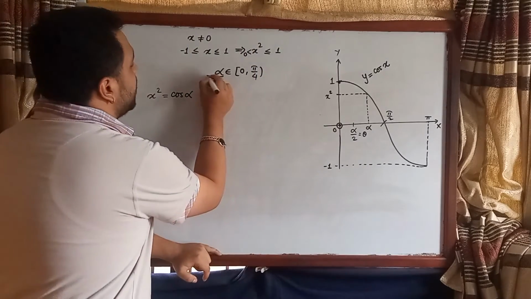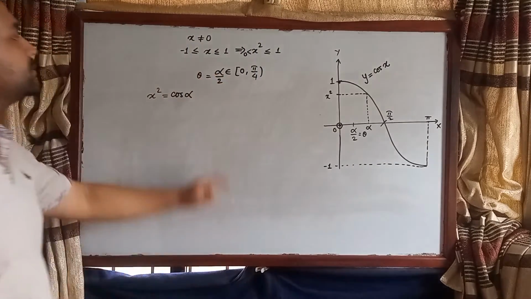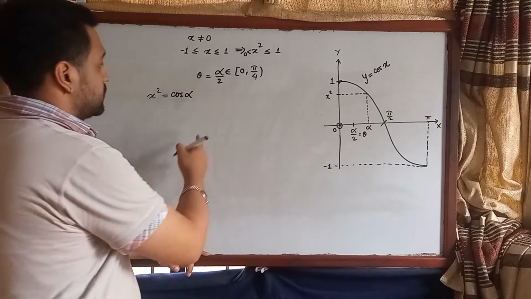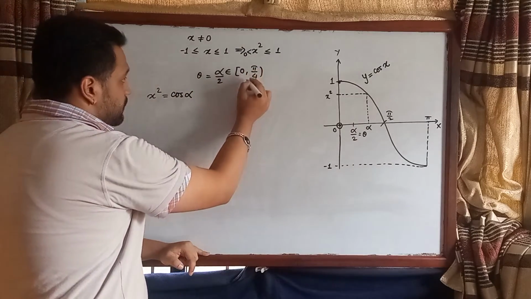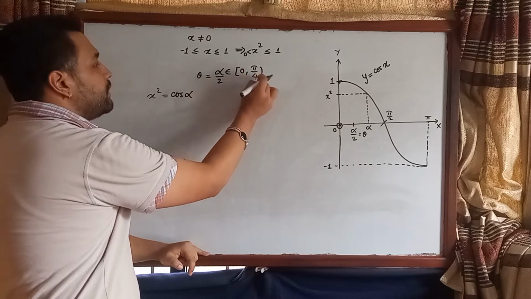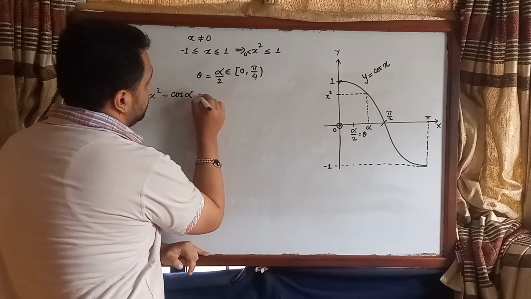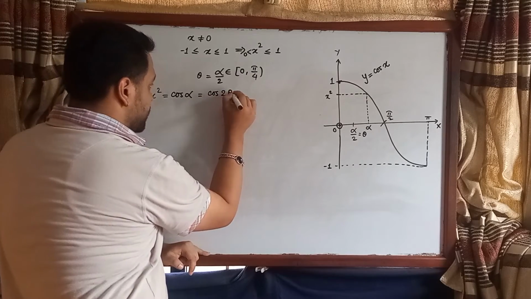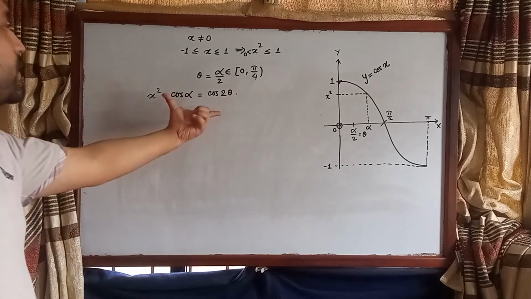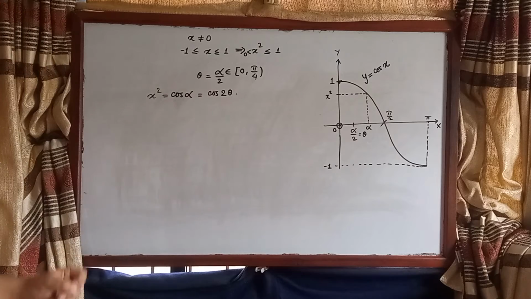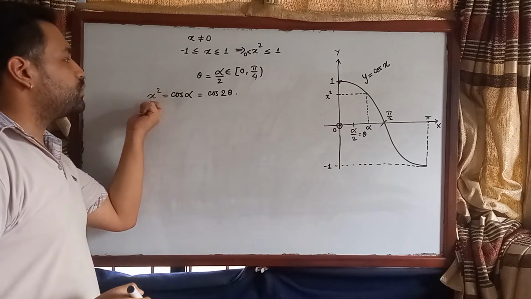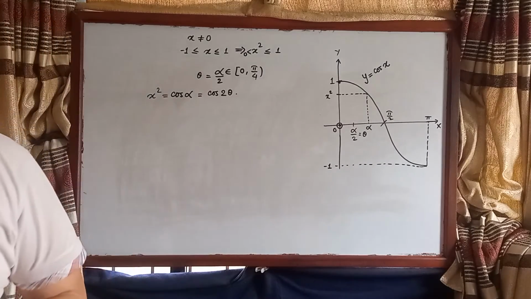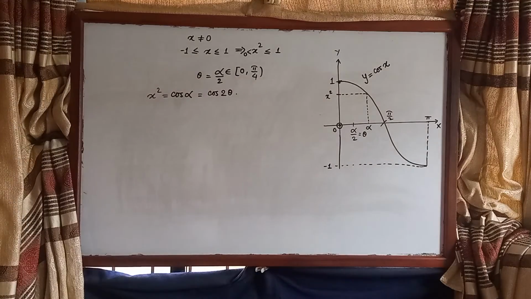If we put alpha by 2 equal to theta, then theta is between 0 and pi by 4, and cos alpha is equal to cos of twice theta. So in this way also we can obtain the required substitution, x squared is equal to cosine of twice theta. Okay, all right, thank you very much.